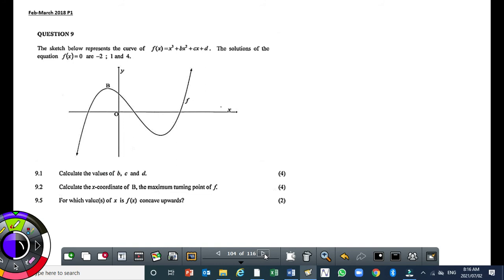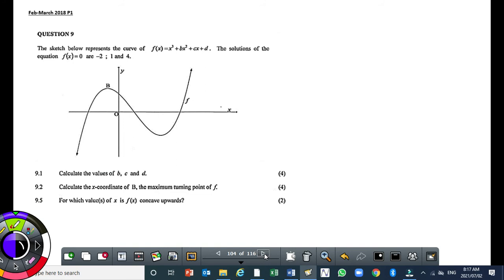The question now says, for which value or values of x is f of x concave upwards? Concave up is like a smile. Remember, if the graph is concave up, it's happy. If it's concave down, then it's unhappy.